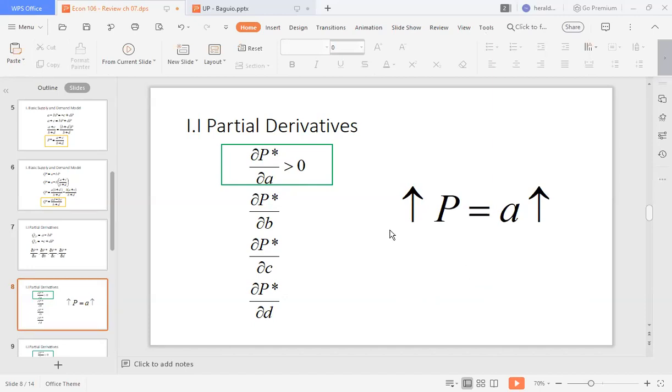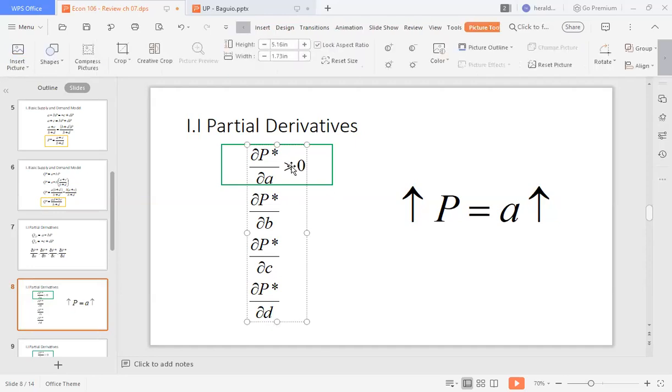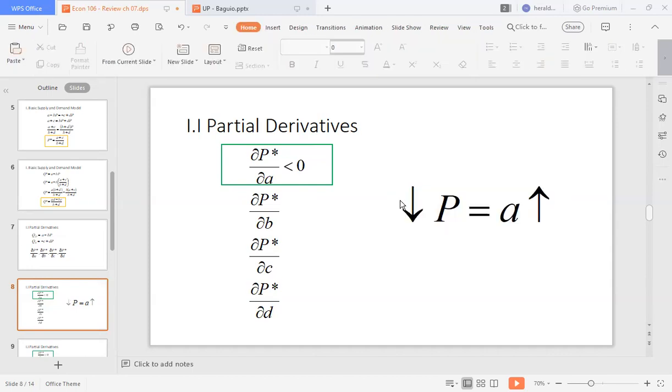Okay. However, if this is less than 0, which means to say that this is negative, this would mean that if there is an increase in A, there would be a decrease in P. So you can now see that they are moving in the opposite direction.